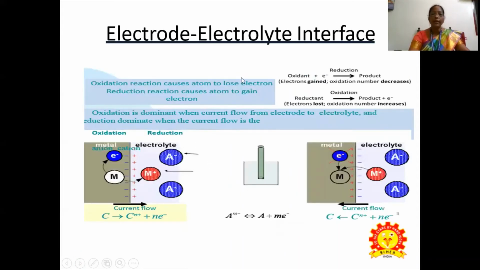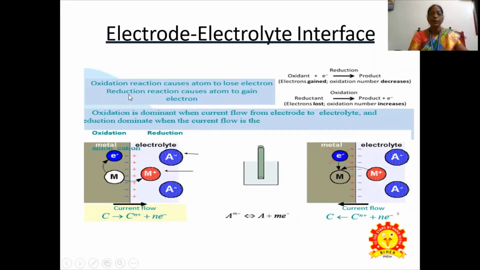At the electrode electrolyte interface, we come in contact with chemical reactions such as oxidation and reduction reactions. Oxidation causes an atom to lose electrons, while a reduction reaction causes an atom to gain electrons.